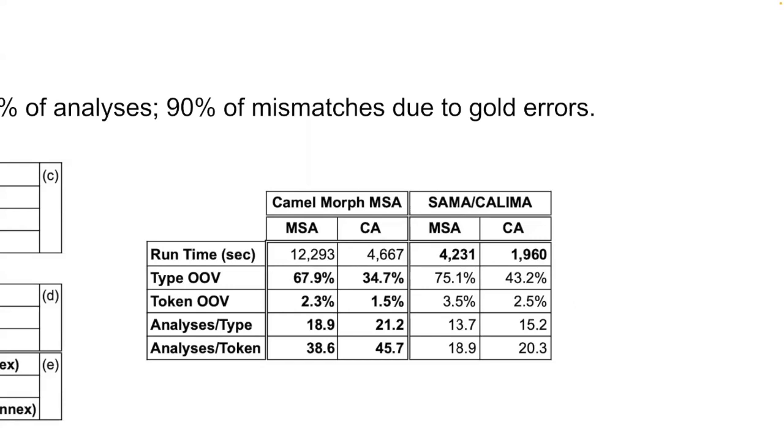On another hand, we conducted some recall experiments against the training portion of the Penn Arabic Treebank, in which we were able to recall almost 96% of all word analyses. Of the remaining unmatched 4%, 90% are basically due to gold errors in the treebank, according to a manual sample analysis we carried out, where we actually model more consistently.